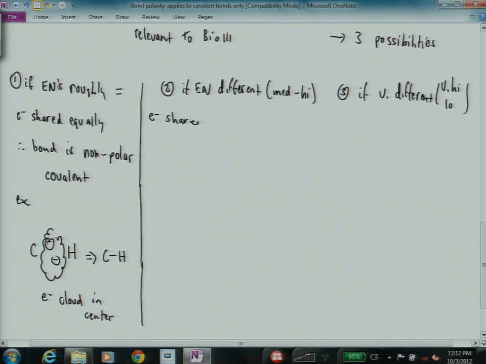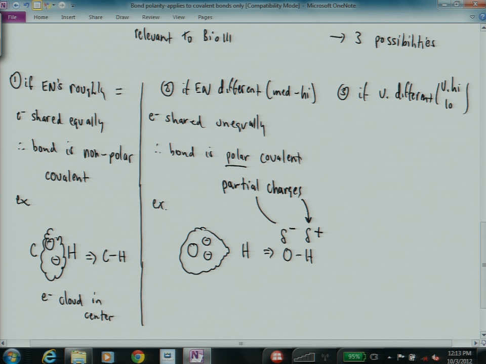These are what are called partial charges, here and here. And the electrons are closer to the atom with higher electronegativity. All right? So let me explain what I mean by that.